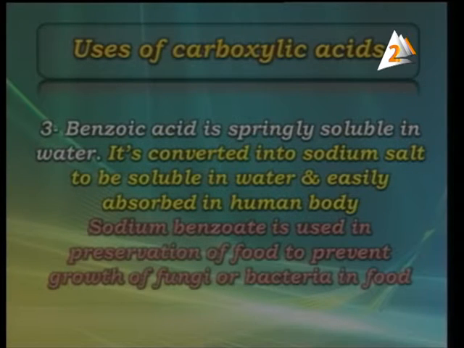Because sodium benzoate is used in the preservation of food to prevent the growth of fungi and bacteria in food. It is used in many types of food, like jams, foods in cans, fish, and some kinds of juices and so on. So benzoic acid is changed into sodium benzoate first to preserve food and prevent the growth of fungi and bacteria in our food.